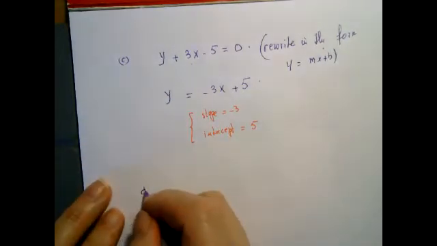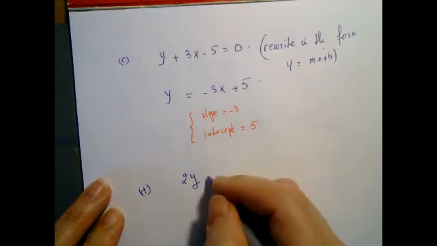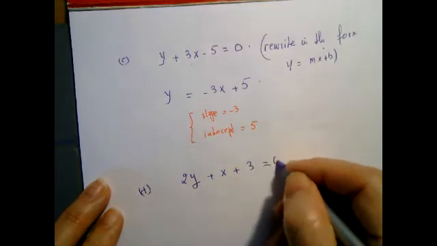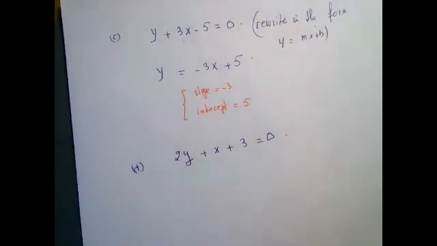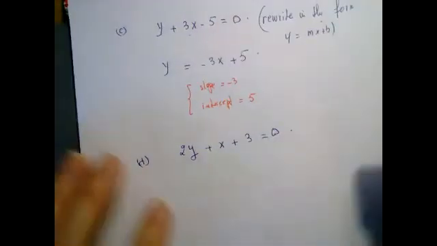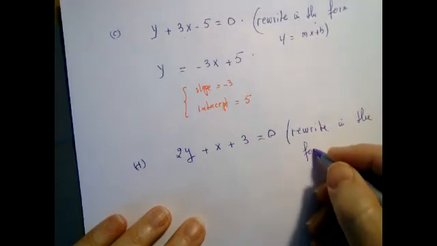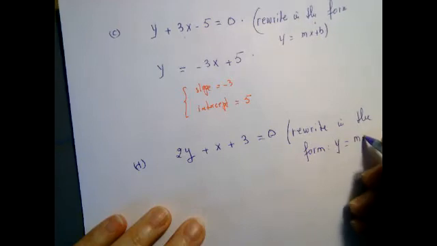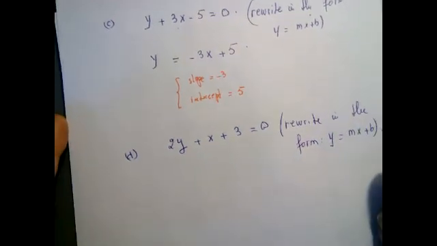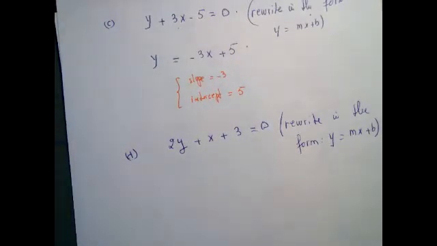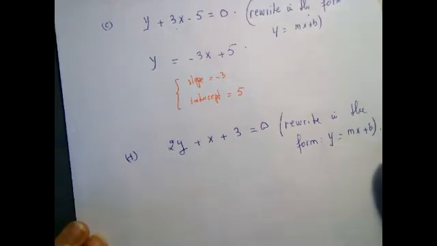Okay. So one more. Suppose I have 2y, and why not, plus x plus 3 equal to 0. Okay, I give you a minute to figure out the slope and the intercept. Okay.